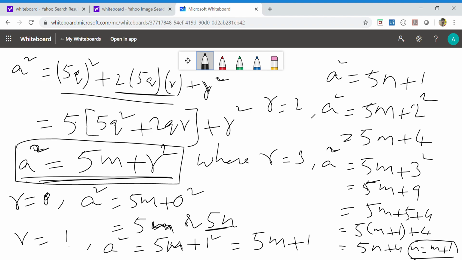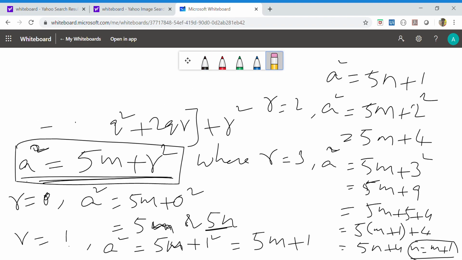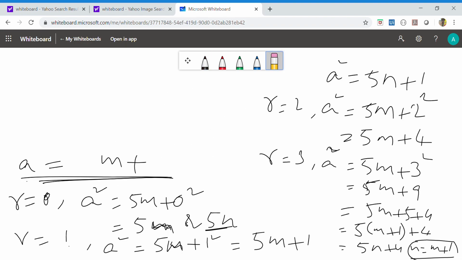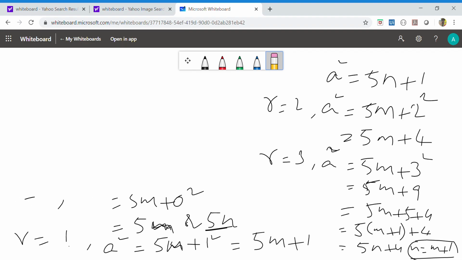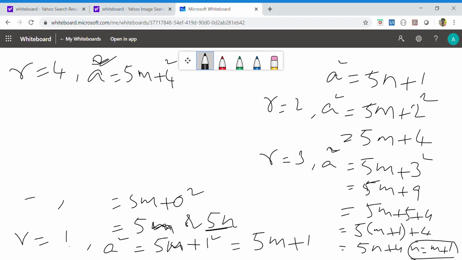And still one more we have to check: r is equal to 4. If r is equal to 4, what will it become? a square is equal to (5m plus 4) square, and 4 square is 16. 16 can be written as a multiple of 5 as 15 plus 1 remainder.